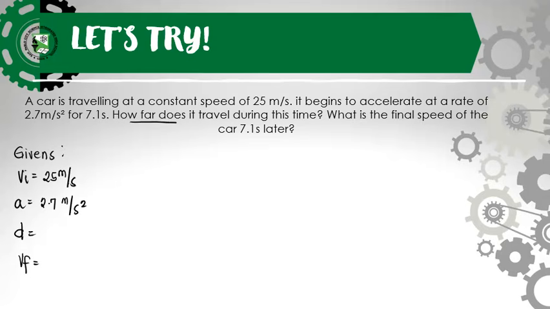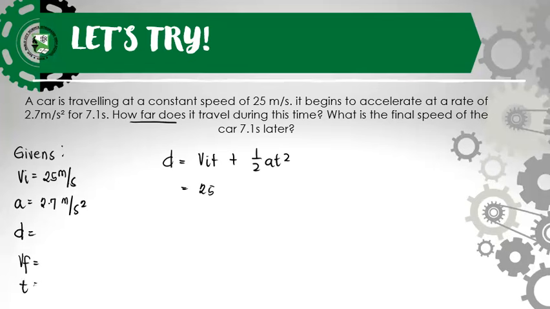find the distance. So pwedeng gamitin natin yung third equation, which is V naught or VI t plus 1/2 at squared. So 25 times 7.1.